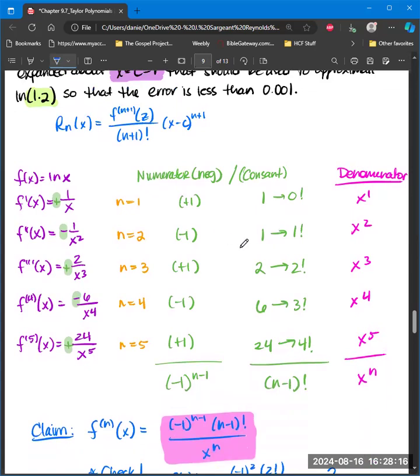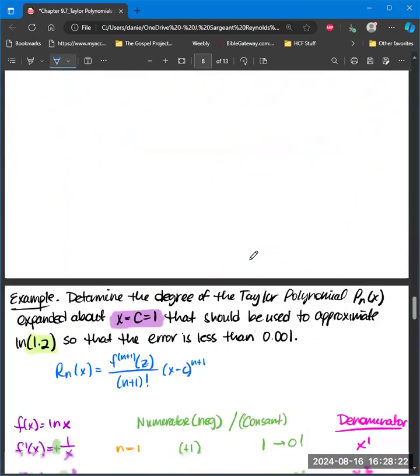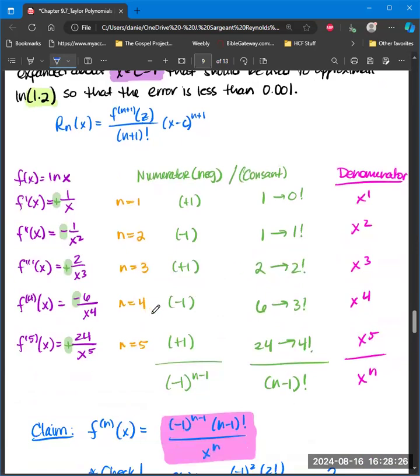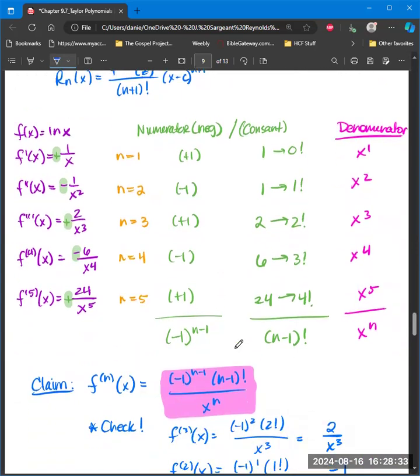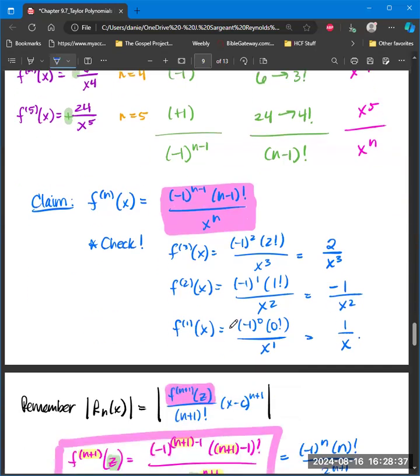We were doing sine of x up there. So here's our pattern here, and we're only going out to 5 here. Why are we going out to 5?